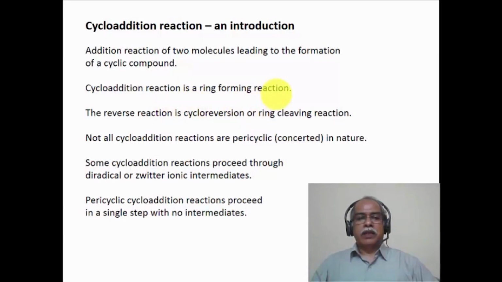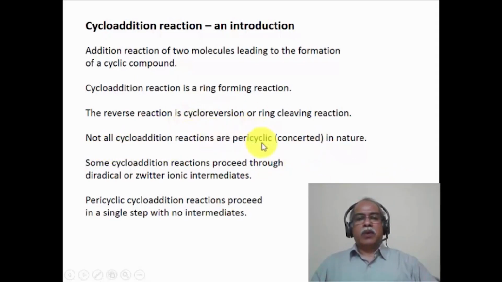They do undergo cycloreversion. One must understand that when we are dealing with pericyclic reactions, we should be in a position to distinguish those cycloaddition reactions which are pericyclic, concerted in nature, and those which are not pericyclic and non-concerted in nature. Not all cycloaddition reactions are pericyclic or concerted in nature.